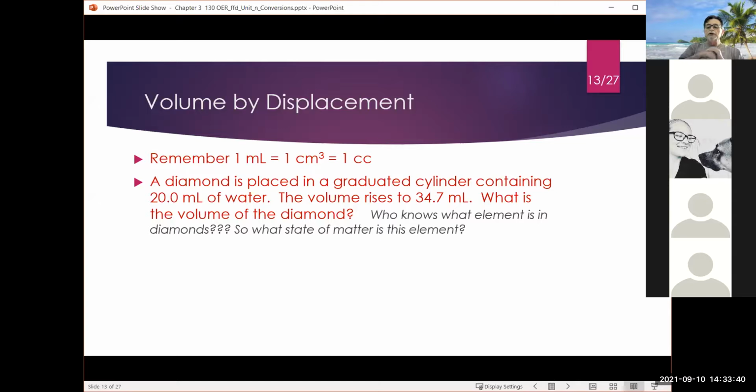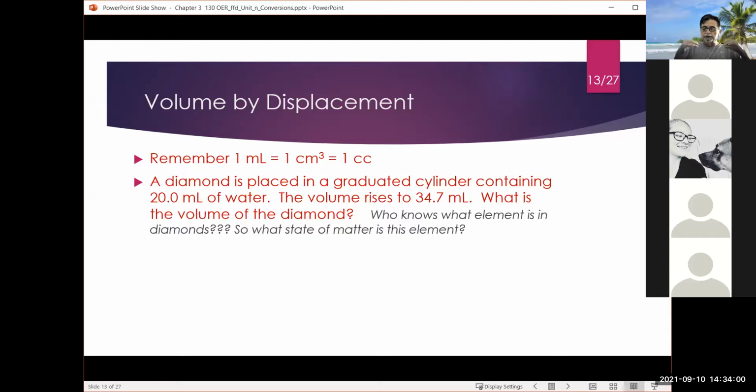So what we do is we measure its volume by displacement, by the displacement of liquid in which we put it into a container. It's no different from when you jump in the tub, the jacuzzi, or a swimming pool. Your volume pushes that liquid up.